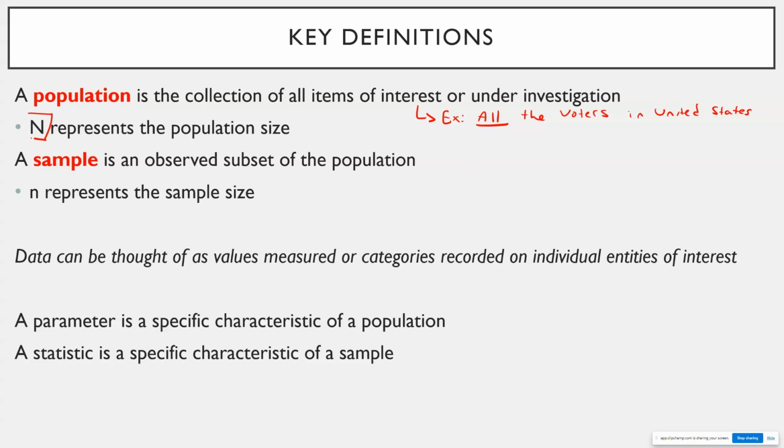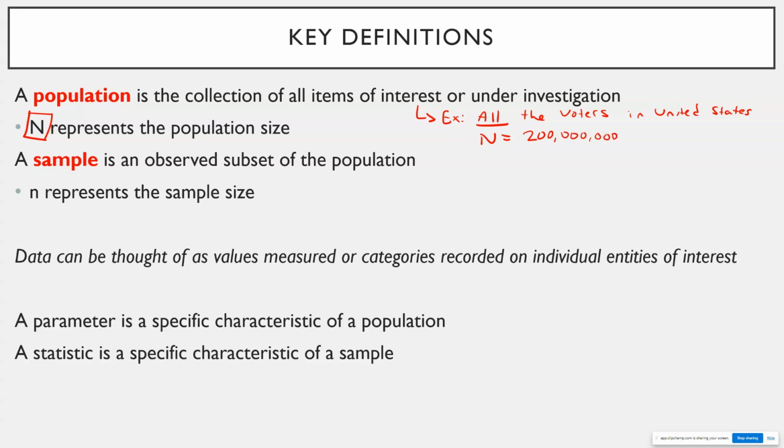And we use a capital N to represent how many people are in the population. The population of the United States is roughly 330 million. I don't know how many people there are of voting age, but it's a little more than half, so let's just say 200 million. Again, I'm just making that up. I'm not exactly sure what the number is.